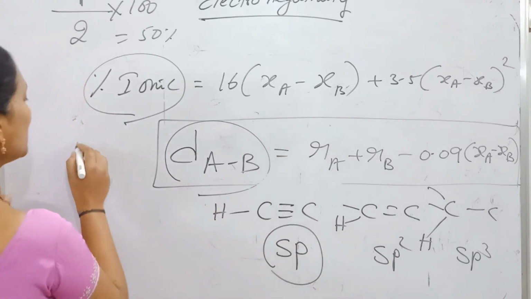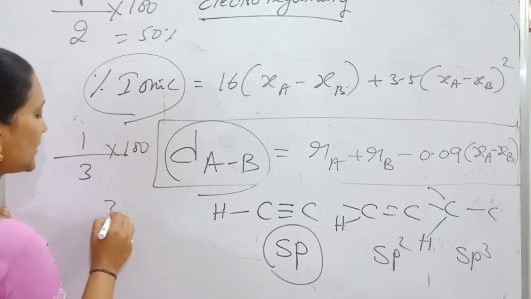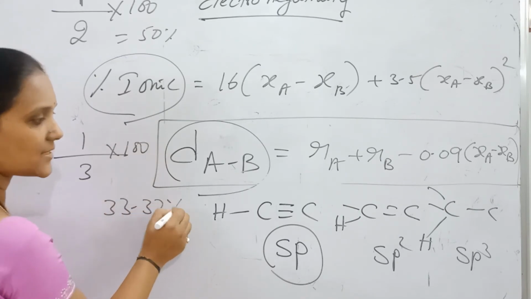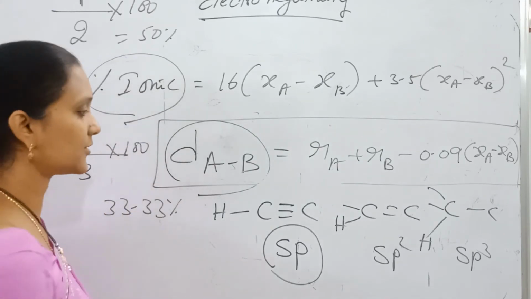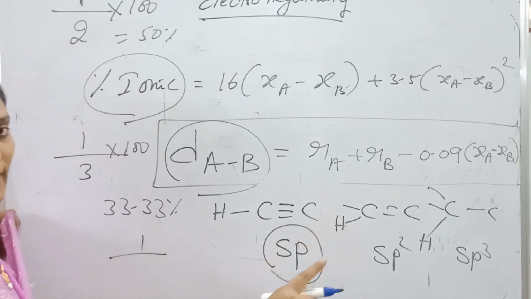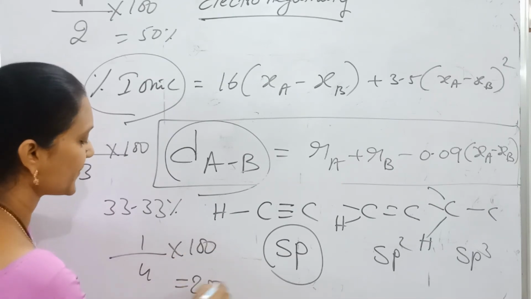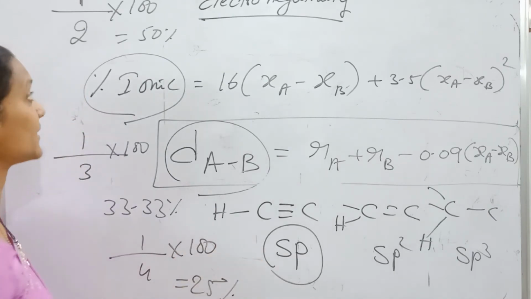In sp2 hybridization, 1 s by total 3 into 100, 33.33% is the s character. In sp3 hybridization, 1 s and 3 p orbitals, 1 by 4 into 100, 25 is the percentage of s character.